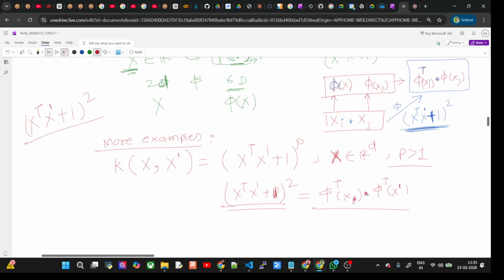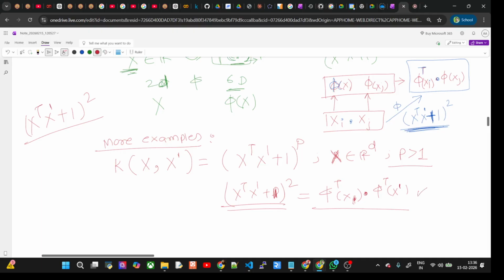Valid means, in this situation with non-linearity, that once you do the dot product in the higher dimension, phi transpose x into phi of x prime, that dot product is present. If you can calculate it, then this is a valid function.